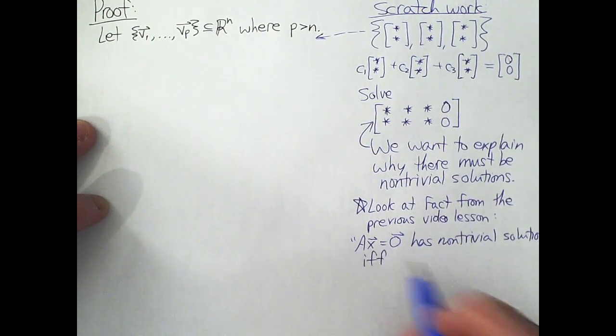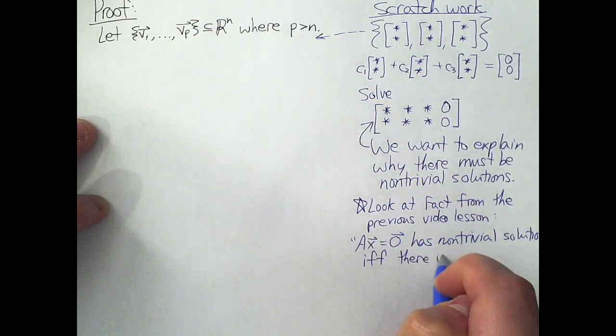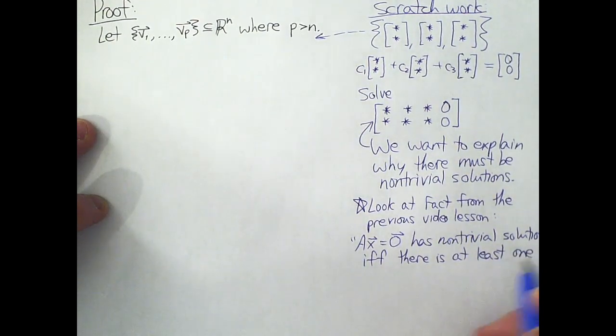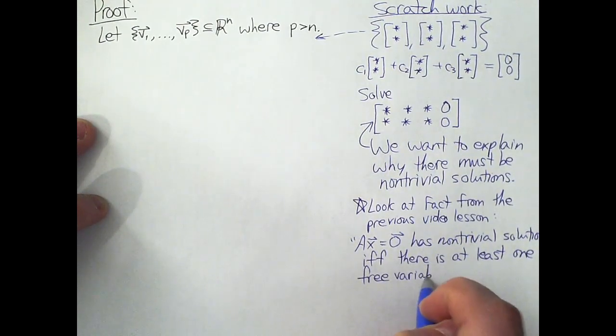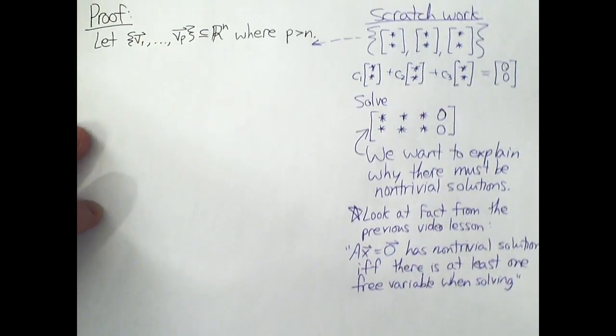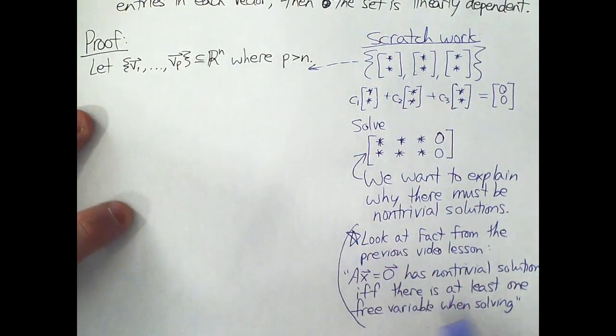If and only if, I'm going to abbreviate if and only if, there is at least one free variable when solving. So off to the side, I think we have got everything we need.